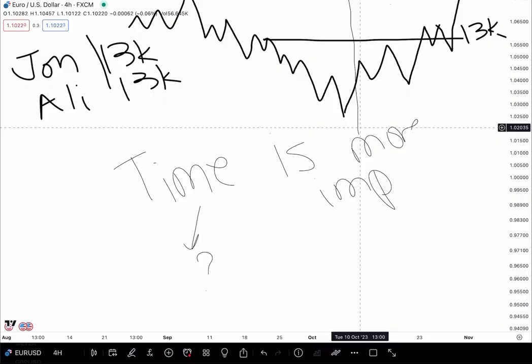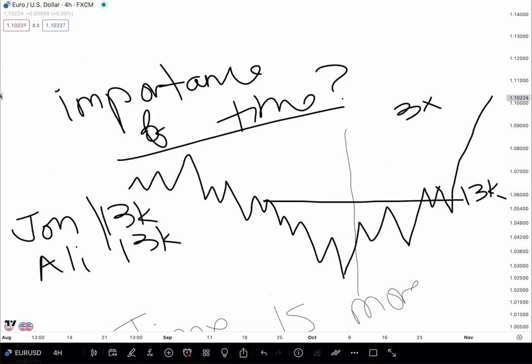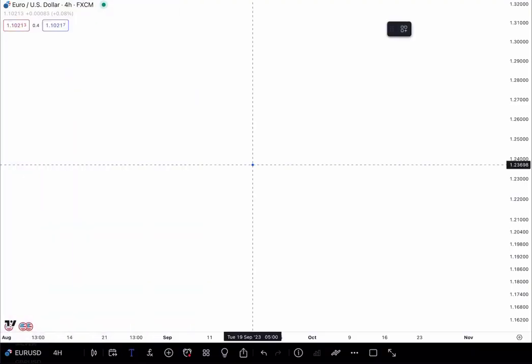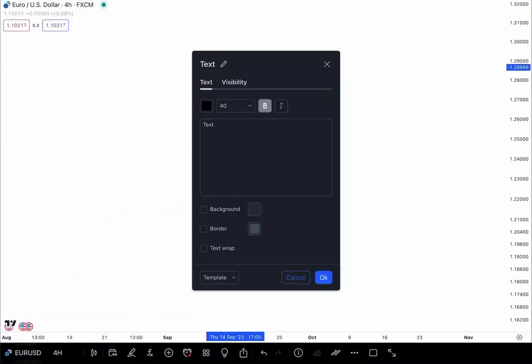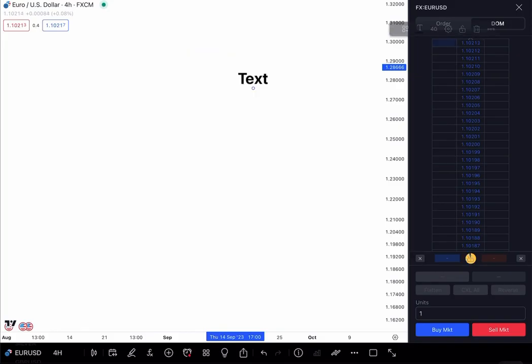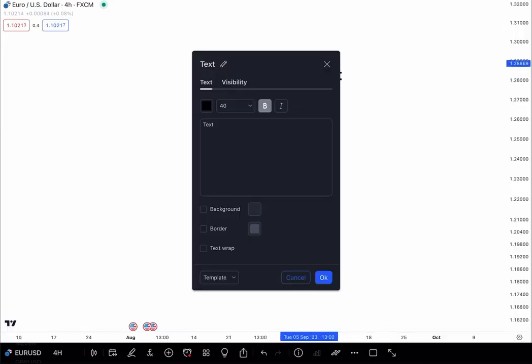Before we get into it, let's first talk about the divisions of time.